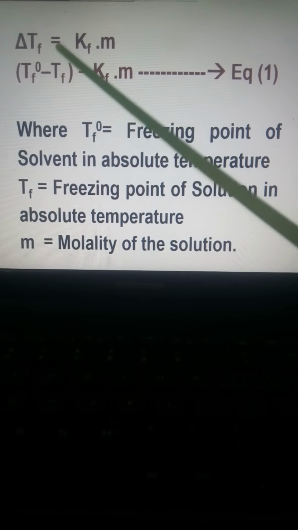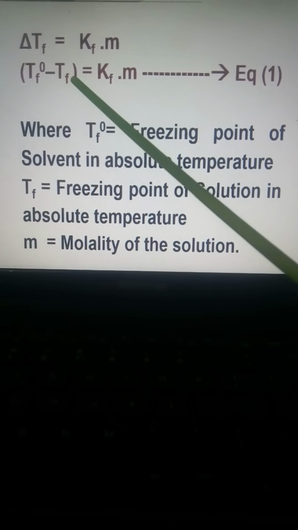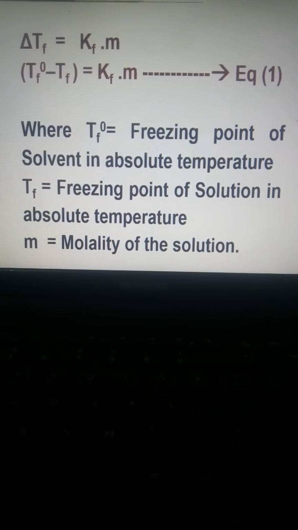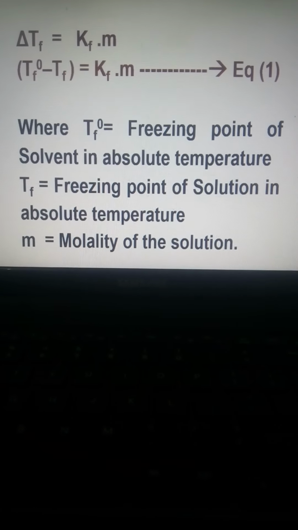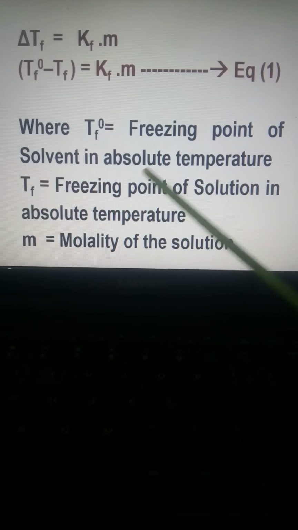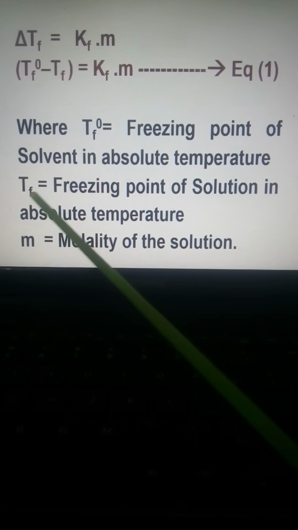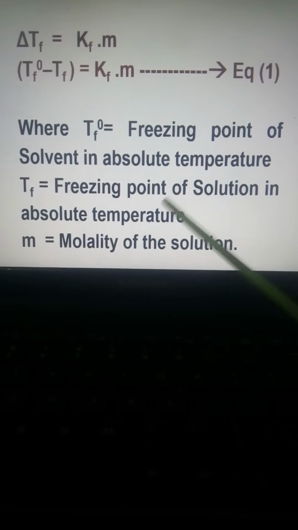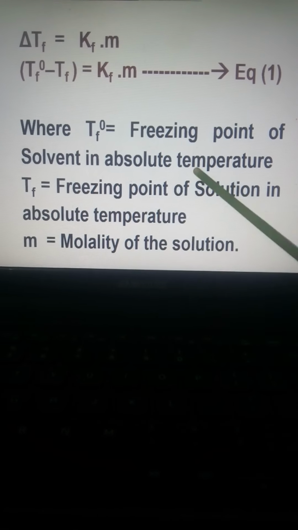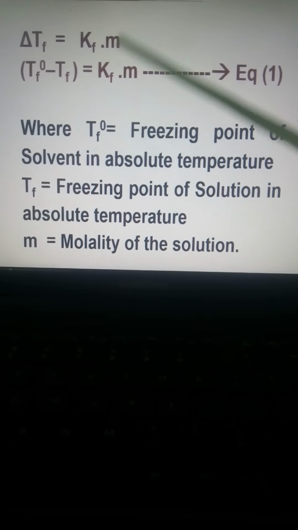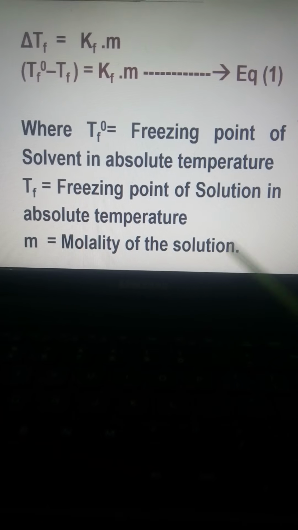Delta Tf is Tf naught minus Tf, where Tf naught is the freezing point of the solvent and Tf is the freezing point of the solution, both in absolute temperature, that is the Kelvin scale, and m is the molality of the solution.